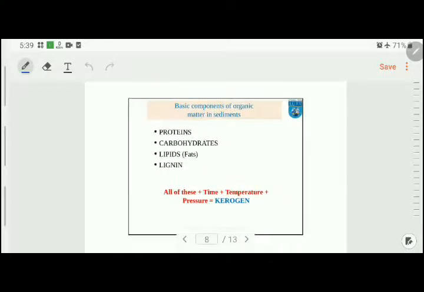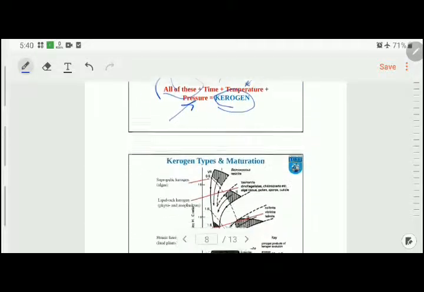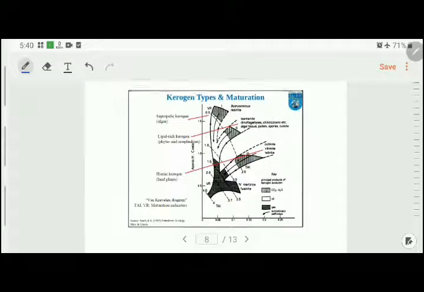The basic components of the organic matter in sediments, which we studied in the previous lectures, are proteins, carbohydrates, lipids, and lignin. All of these components, with time, temperature, and pressure, can form something called what? The kerogen. Kerogen types and maturation process.